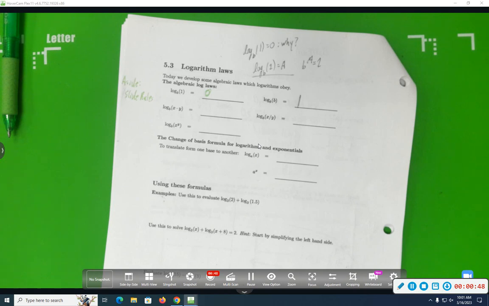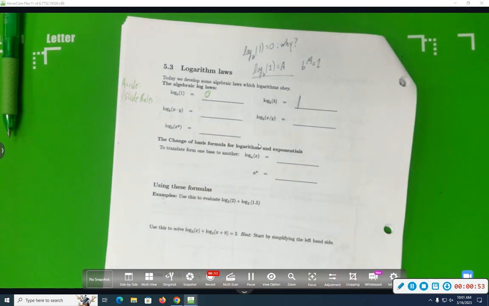The next bunch of rules are ones which we haven't seen yet. But let's state them, and then we'll give an overview of what this packet contains. The log base B of x times y. So here is an extremely useful fact about logarithms, which was more useful maybe 50 years ago, but it's still really powerful.